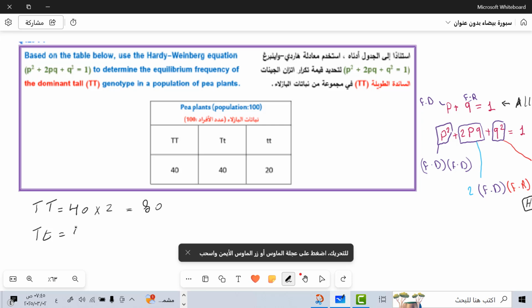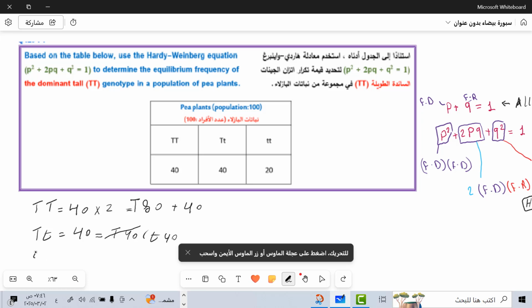It's 40 also. This means T capital is 40 and T small is 40. So I'll add here 40 for T capital, but this is T capital only. Okay? And make it like that.